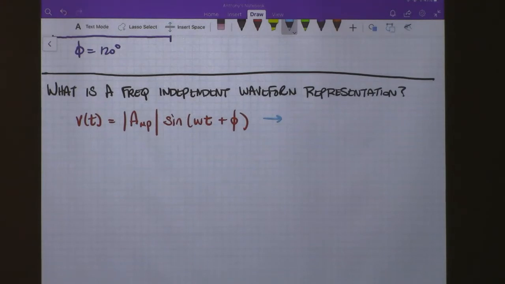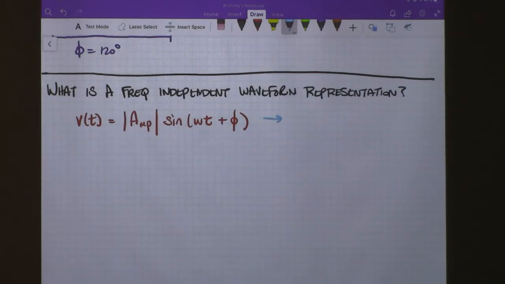So one thing that we have to say up front is that in an AC circuit, unless you're dealing with something that's quite unusual, all of the waveform, all of the frequencies should be the same.